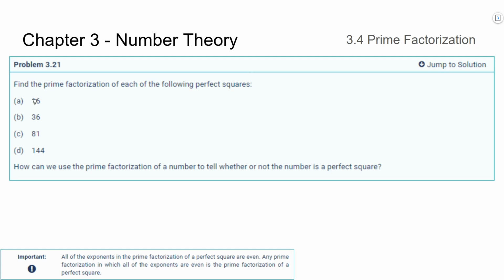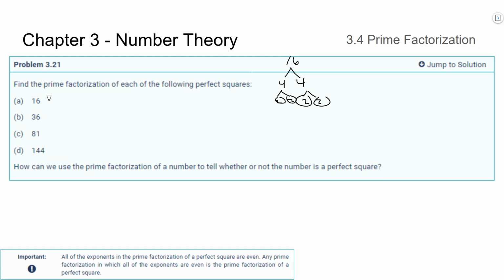All right, so now we have a bunch of perfect squares, interestingly. So go ahead and see if you can find the prime factorization of these. All right, so we'll start with 16. So 16 is going to be 4 times 4. Or we could do 2 times 8. 2 times 2 times 2 times 2. Okay.